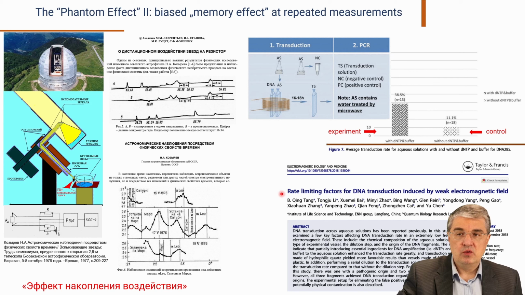This replication was done in a laboratory in China, in Langfang, and more or less the idea was that a buffer or water with a DNA sample was placed in a chamber with a low frequency electromagnetic field, and a PCR test examined experimental samples from this chamber as well as control samples from the original fluids, and all the experiments were performed in the same places.